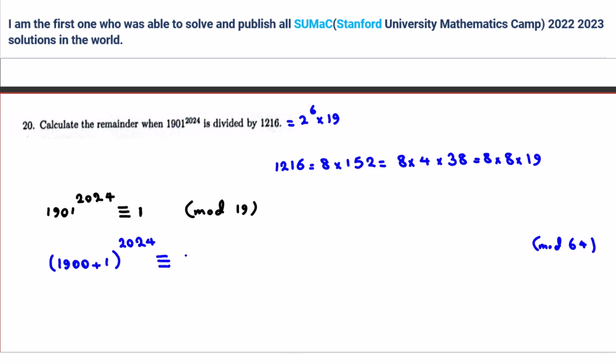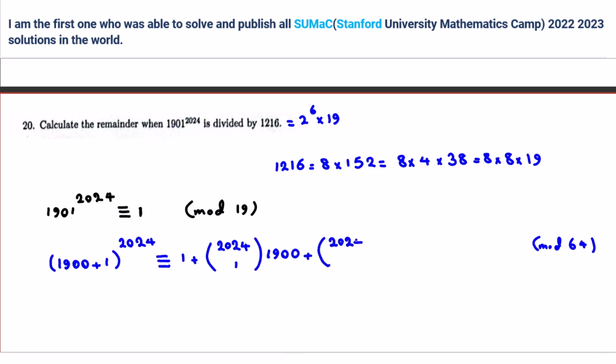One hint for this part, one more hint, or want to try on your own? I think more hints. Okay, so the first term is what? 1 to the 2024, which is 1, right? Next term is 2024 choose 1 times 1900, right?